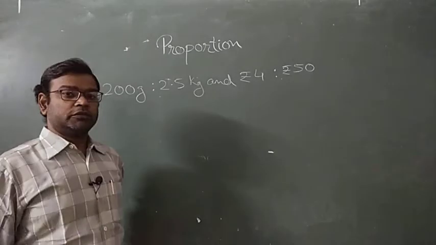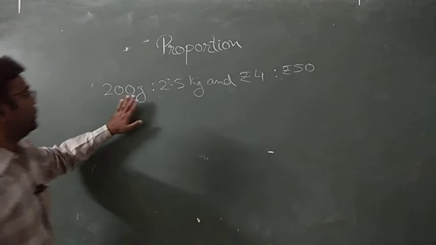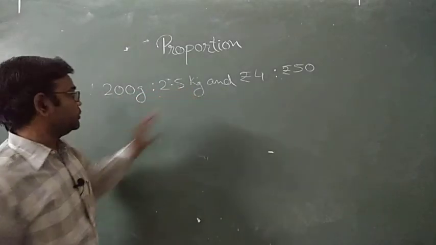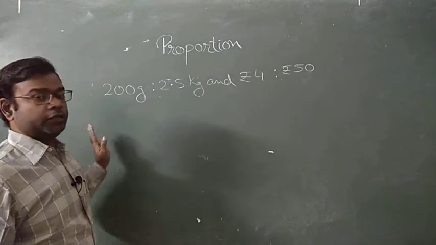What is our first work? We have to convert into the same unit. These two are rupees, leave as it is. This one is gram and this one is kilogram, 2.5 kilogram. So we have to convert into one same unit.